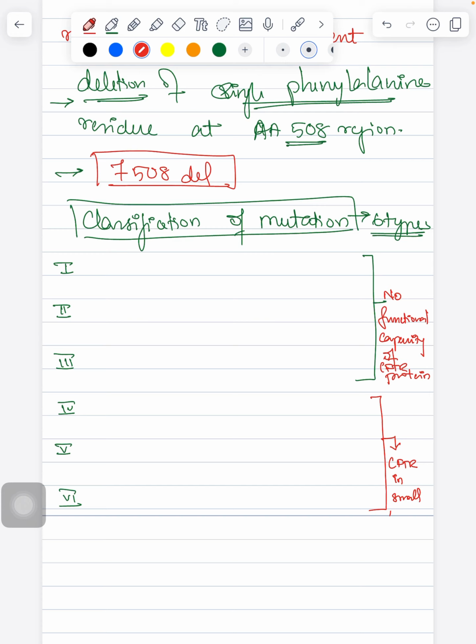So they will present with milder symptoms compared to a person having class 1, class 2 and class 3 mutations. So what is the effect of the mutation on the CFTR protein?